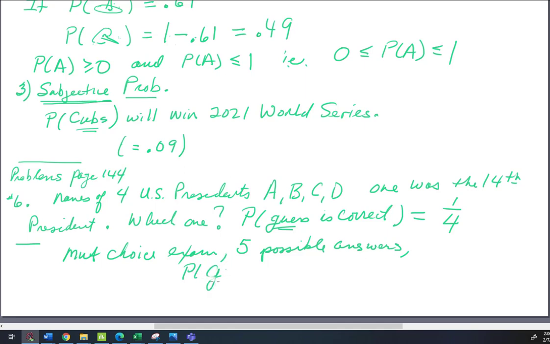Let's see, I think Q is how you spell question. Well, there would be 5 possible responses to this multiple choice question, A, B, C, D, E, but 1 out of the 5 would be correct. And so the probability that I get a question correct by guessing would be 0.20, or 1/5, and either would be a correct answer.